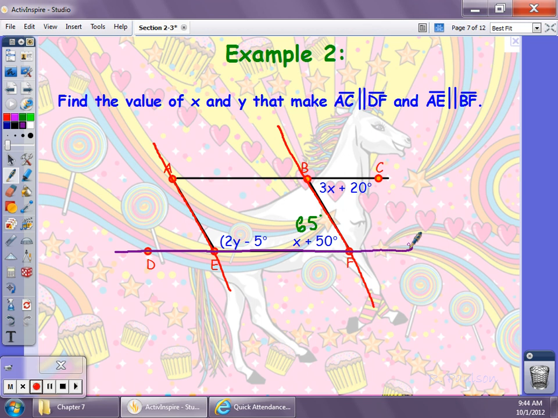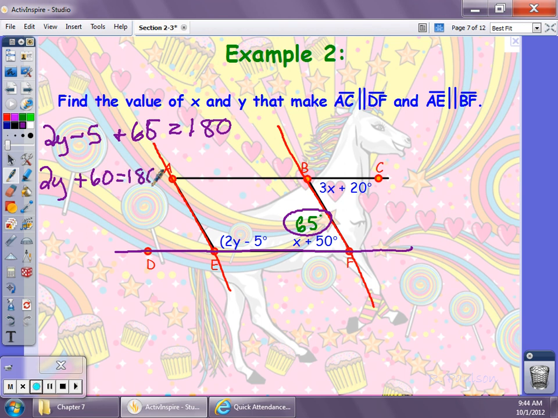So remember from the previous example, we know that this angle is 65 degrees. So now if I take my expression 2y minus 5 and add that to the second angle, which is 65 degrees, I know that they are same side interior angles and they must equal 180 degrees. So now if I start solving my equation, negative 5 plus 65 leaves me with 2y plus 60 is equal to 180.